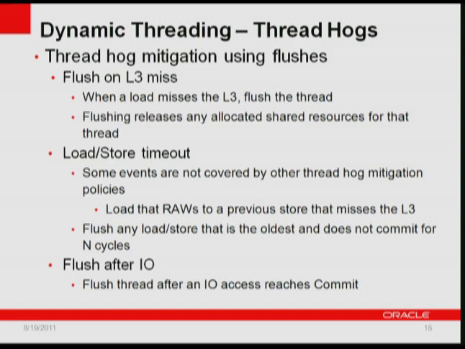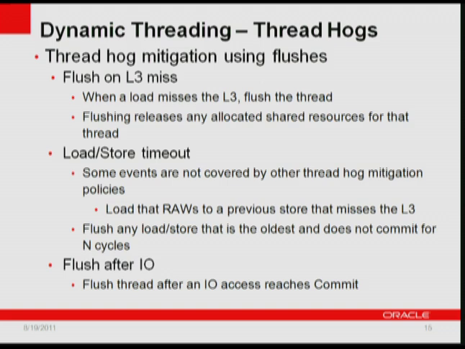Our load store timeout mechanism is designed to catch conditions that are not caught by any of our other mitigation techniques. For example, if you have a load and the load itself RAWs against a prior store, and the store missed the L3, we don't get an L3 miss indication on the load.